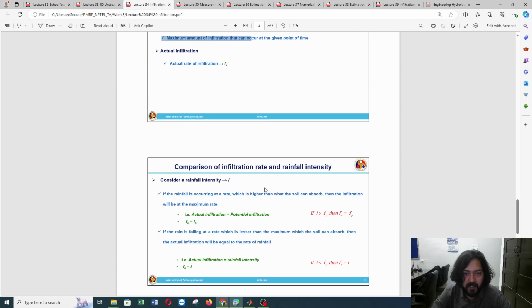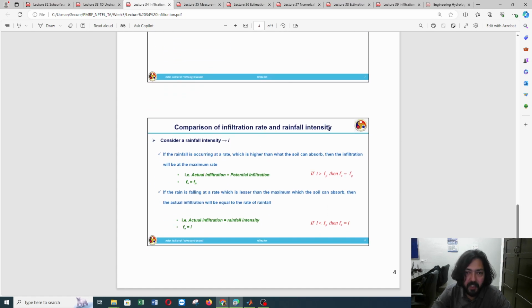Now there are certain ways in which we can compare infiltration rate with rainfall intensity. So there are two conditions. So the first condition, what does it say? Let us say there is a condition where the rainfall is occurring at a rate which is higher than what the soil can absorb, right? So what will happen in that case? This is the case in which there will be a ponding of water over the ground surface. Let us say the infiltration capacity of soil is 10 centimeter per hour.